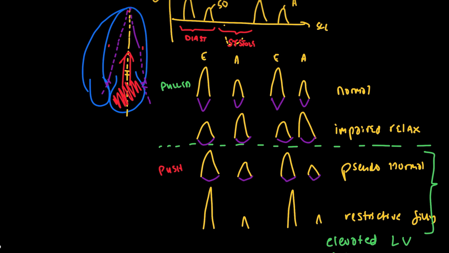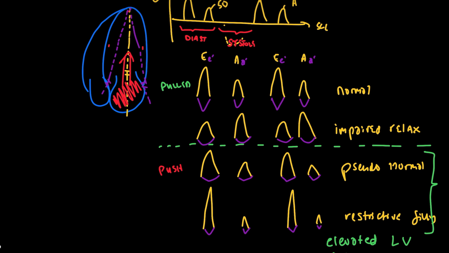And let me actually just label these here. So E prime is over here, and A prime is over there. E prime, A prime. And same thing down here for the restrictive: small E prime, small A prime.